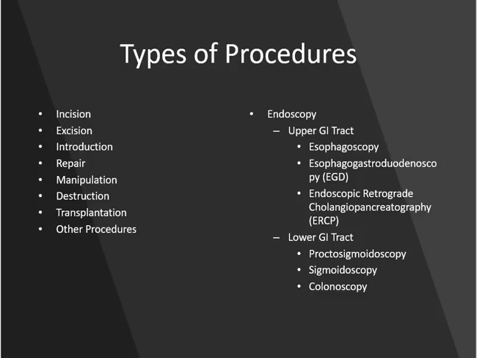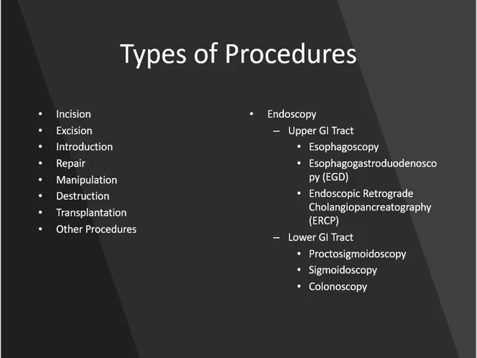In this particular section, I want you to note that you are going to see some endoscopy procedures. I do want you to remember that from a gastrointestinal tract perspective, you have the upper gastrointestinal tract and you have the lower gastrointestinal tract.